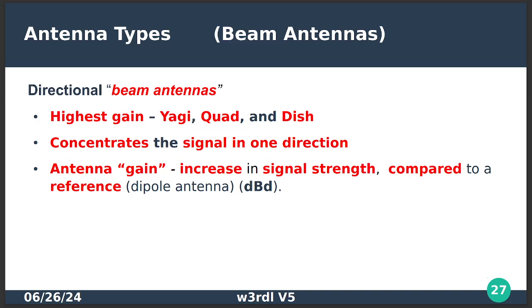Highest gain, this is the highest, and remember, I don't know if we touched on this before. When they talk about gain on antennas, you're not actually gaining anything. All you're doing really is directing in one direction. You're using the same amount of power that you had, but you're just concentrating it in a certain direction, just like a flashlight does.